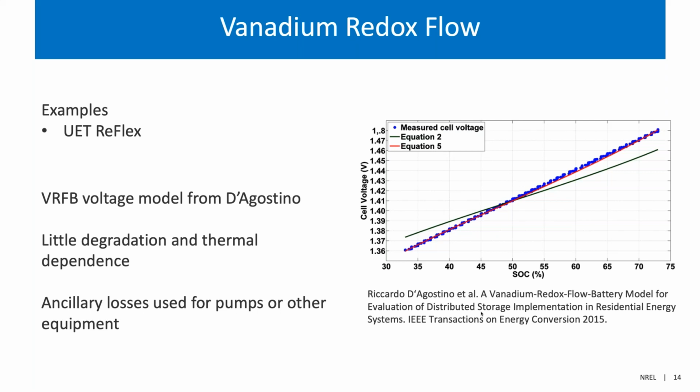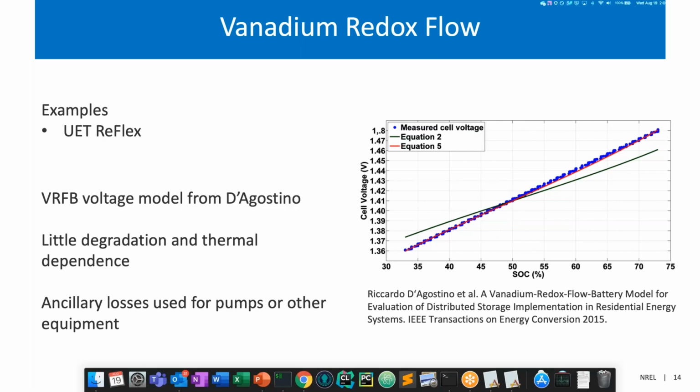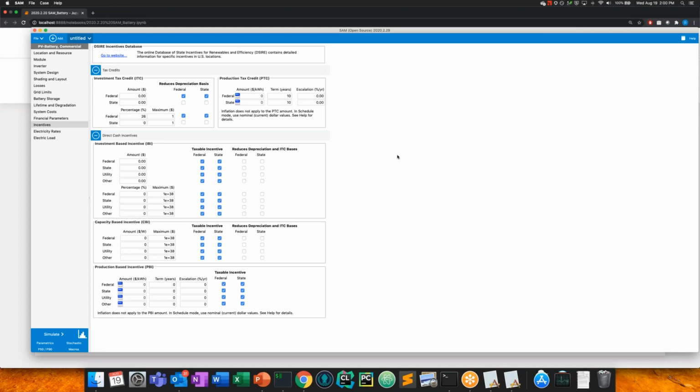There's a question here, is it possible to adapt the applied state federal incentives or to create custom incentives? I can go ahead and take that one. So the incentives inputs page in SAM is general enough to cover a wide range of incentives.